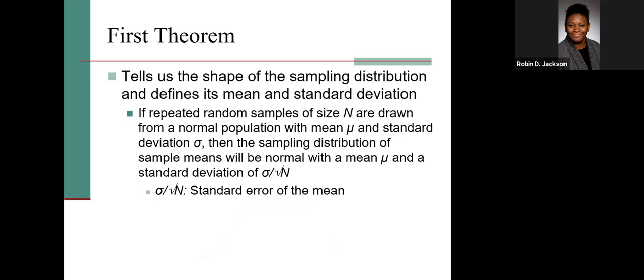It basically states, if repeated random samples of size n are drawn from a normal population with a population mean and a population standard deviation, then the sampling distribution of the sample means will be normal with a population mean and a standard deviation of the population standard deviation divided by the square root of n, okay?